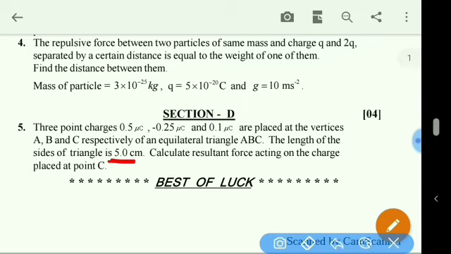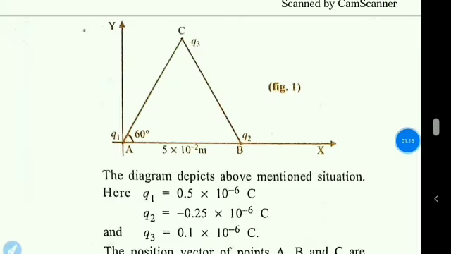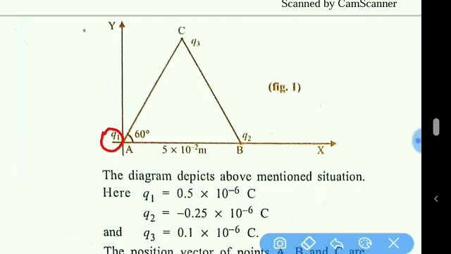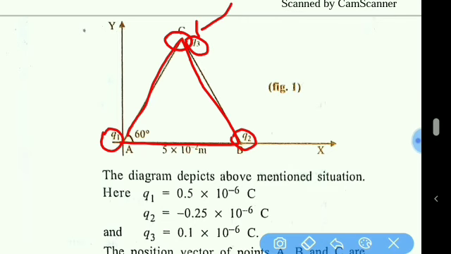Distance means the length of the side, and force is to be obtained on the charged particle at point C. Now you can see the figure. Three charged particles named Q1, Q2 and Q3 are placed at the vertices of this triangle ABC, and the force is to be obtained on the charge at point C, that is here.